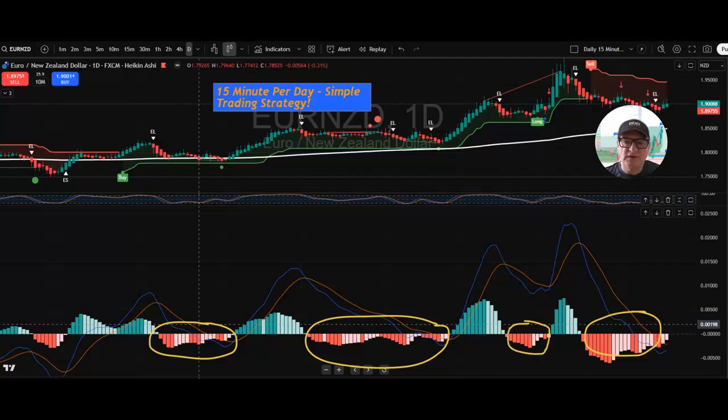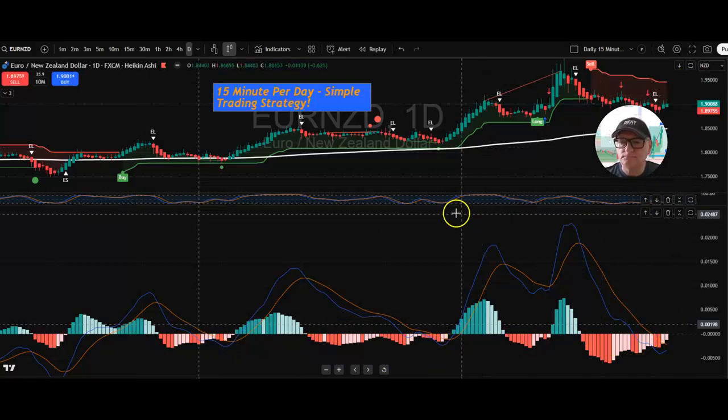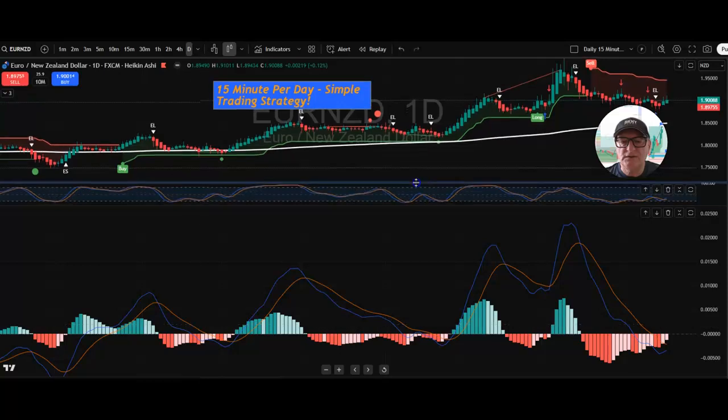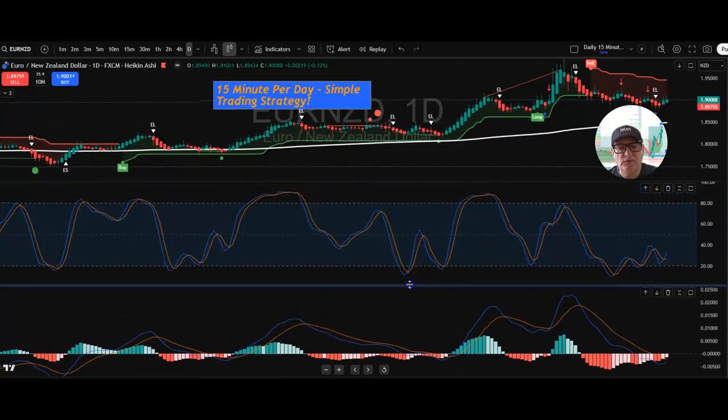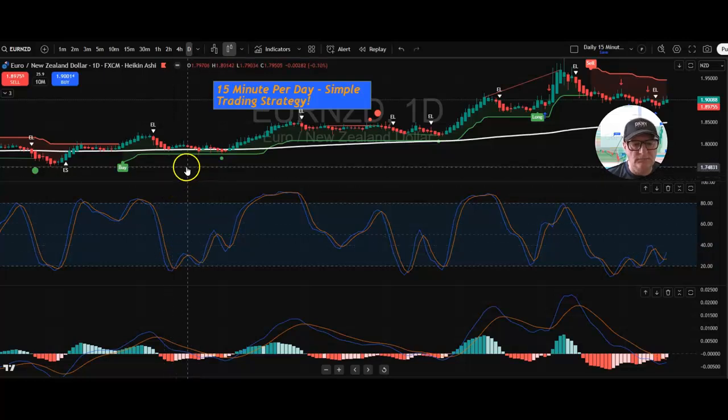All right, so they're the trading opportunities which we can cover now. Once you know that, you can then have your oscillator ready to go into the trade, and you can see the entry points.